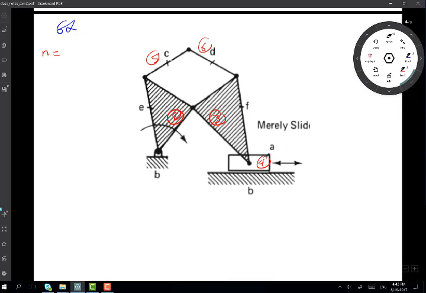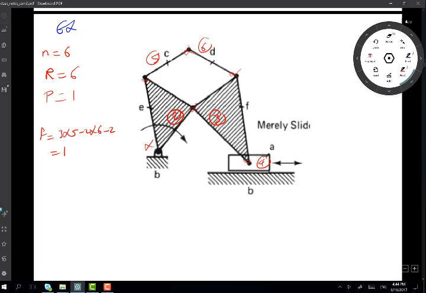So we have 6 links, and 6 revolute joints, 1, 2, 3, 4, 5, 6, and I have one prismatic joint. So my degrees of freedom is equal to 3 times 5 minus 2 times 6 minus 2. So that's 1. So it's a single degree of freedom.